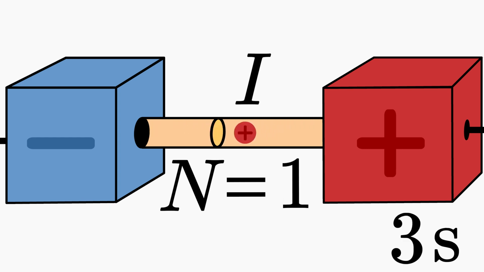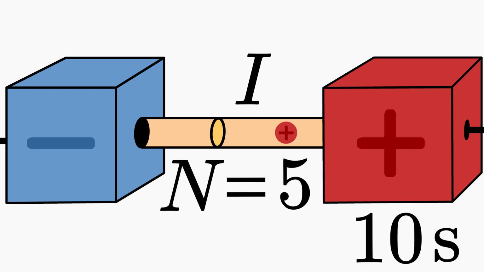One particle has passed, second particle has passed, third, fourth, fifth, stop. 10 seconds have already passed. So we counted 5 particles. How much electric charge was now transported through the cross-sectional area?